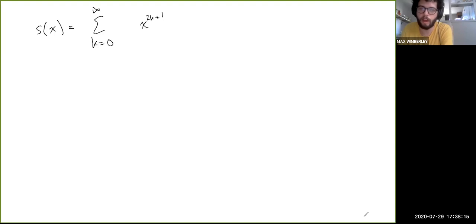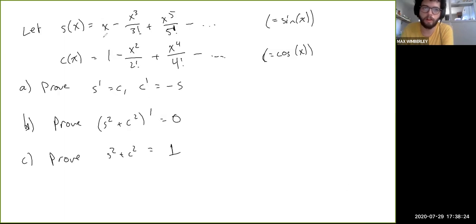And then the question is how do you relate this index k to the coefficient here? Well, what we see is that it alternates. It's positive when k is 0, negative when k is 1, positive when k is 2. So it's something like negative 1 to the k, and that works out. Negative 1 to the k when k is 0 is 1, and when k is 1, you get negative 1.